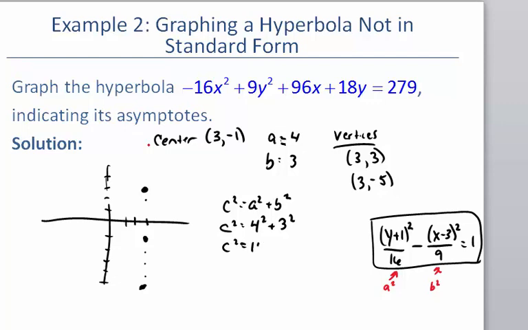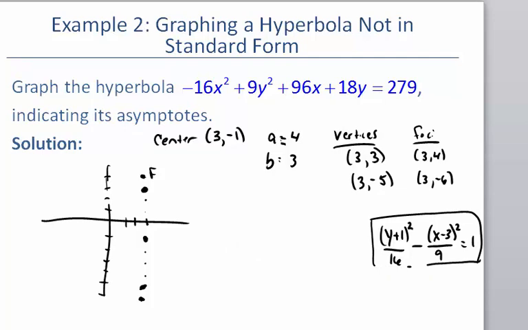So I have 16 plus 9. c squared would equal 25, and c would equal 5. And so then we can come up 5 units from our center. So 1, 2, 3, 4 puts me on the vertex, and one more. We've got our focus sitting here. So our foci points we would have at 3, 4. And then we'll come down one more here, and that would be at the point 3, negative 6.